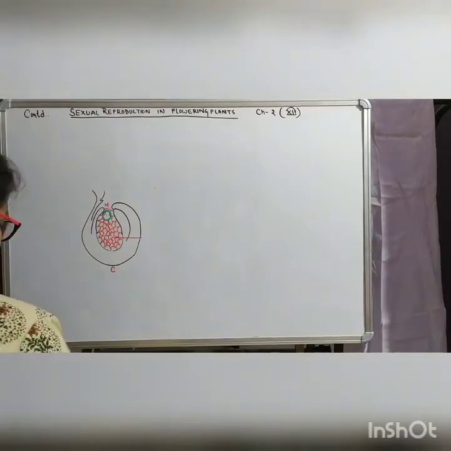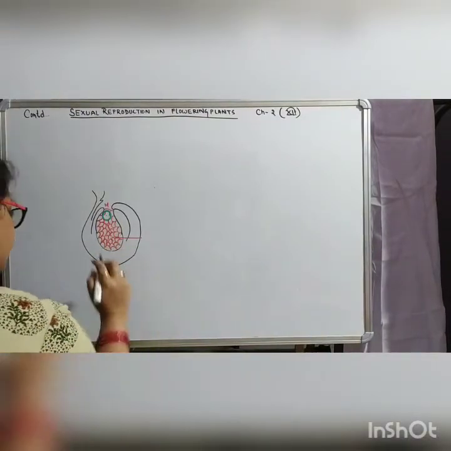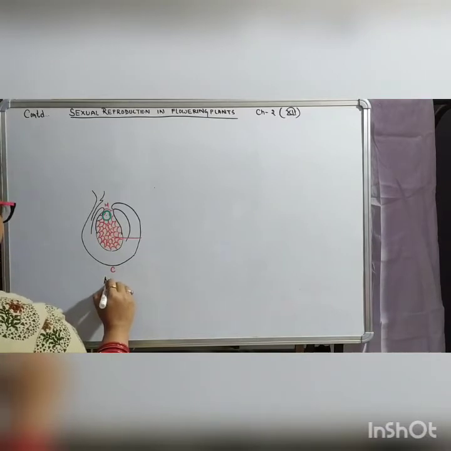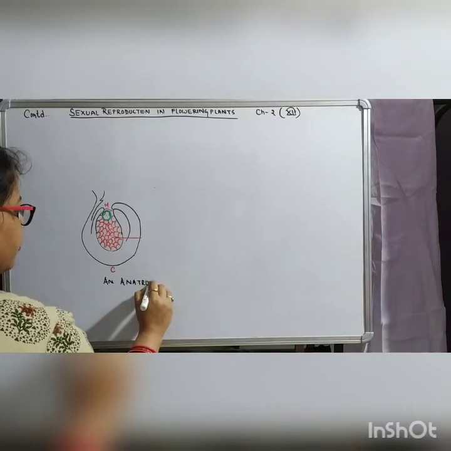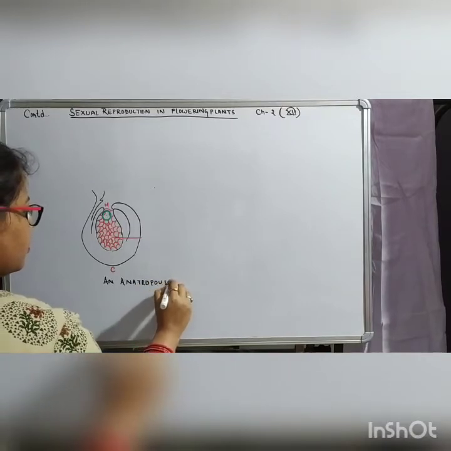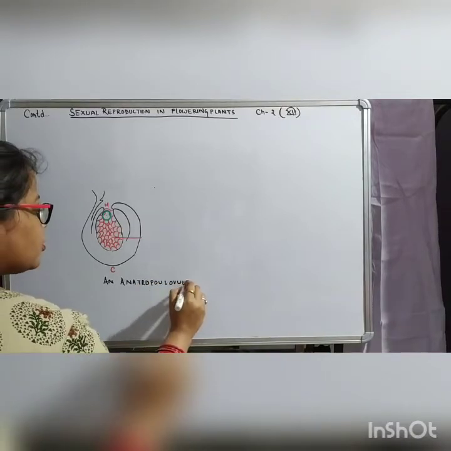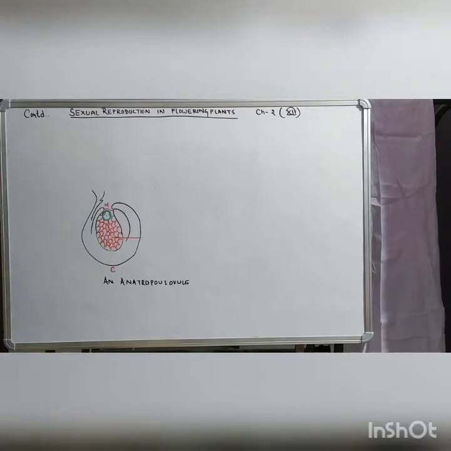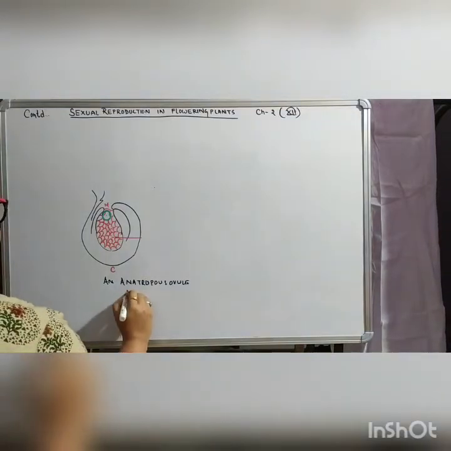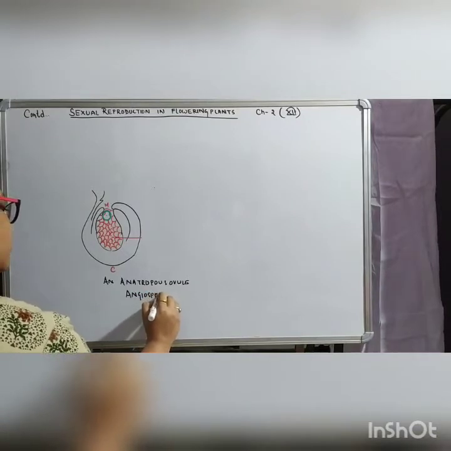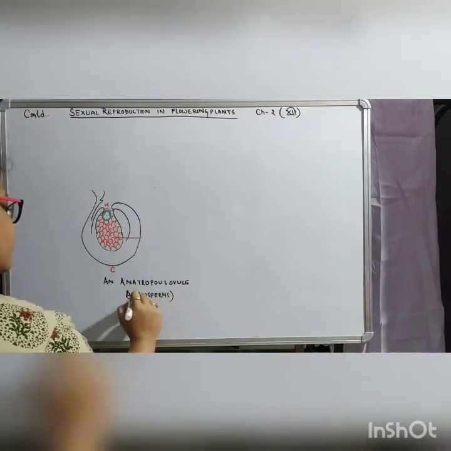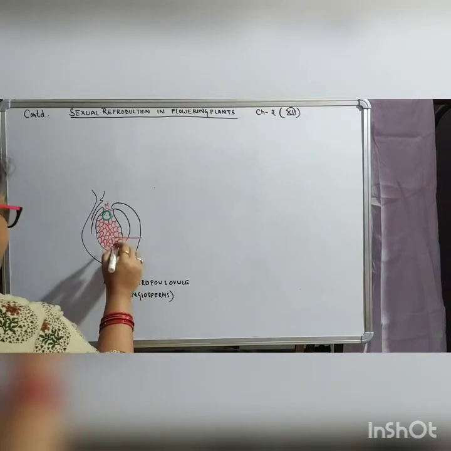See, we had ended up with this structure, an anatropous ovule, which most of the angiosperms have. So it is common for angiosperms. We would be starting with this.